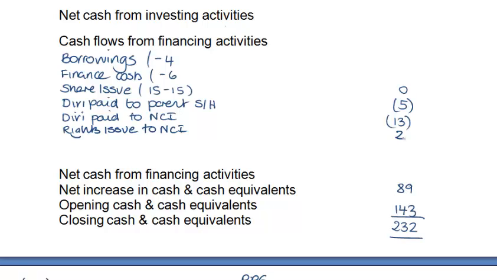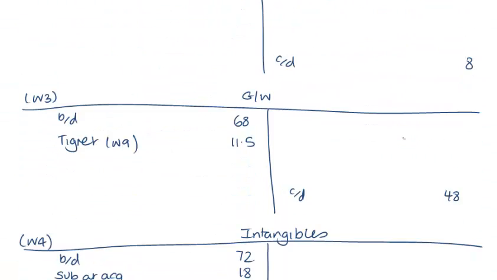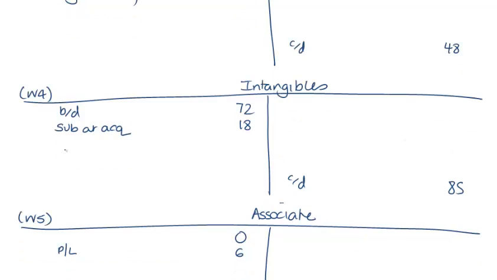Note 3. We purchased a research project from a third party, including certain patents, for 8 million, and recognised it as an intangible. So let's go to intangibles. So we've got some purchased intangibles worth 8 million.